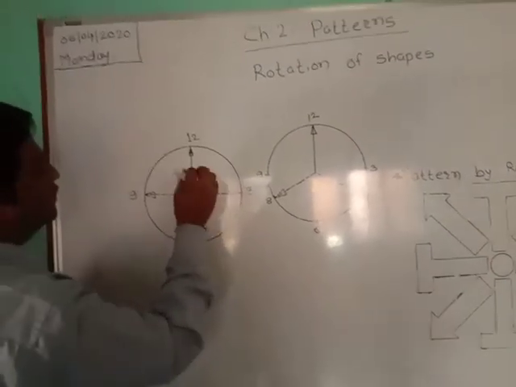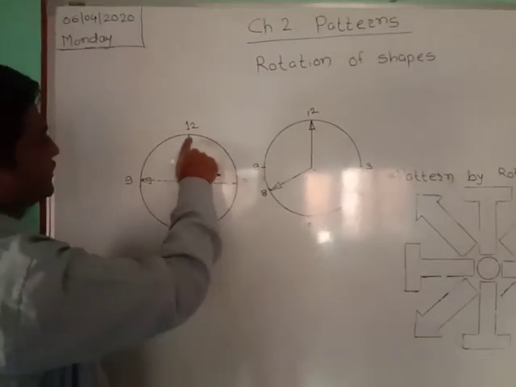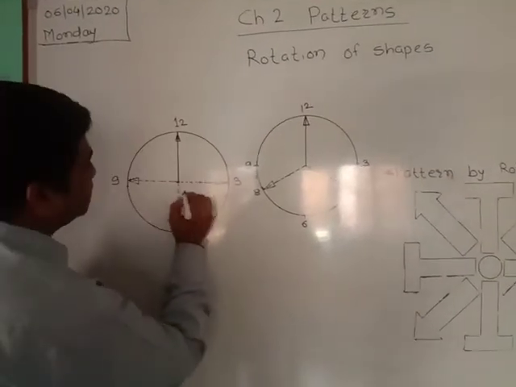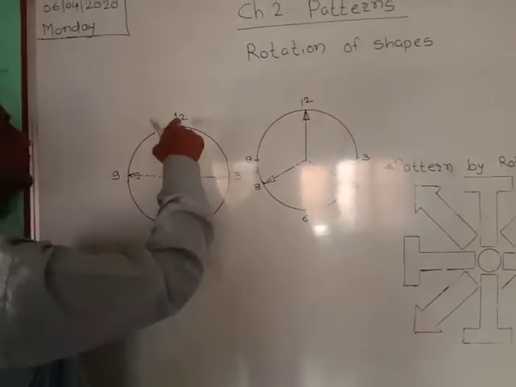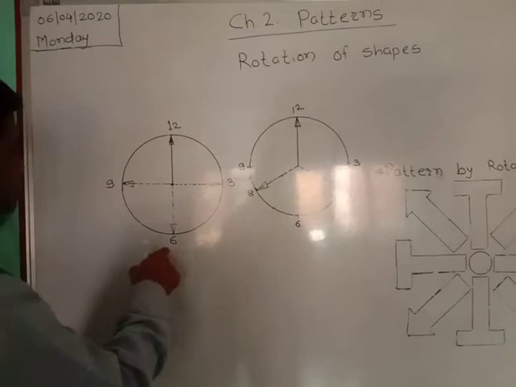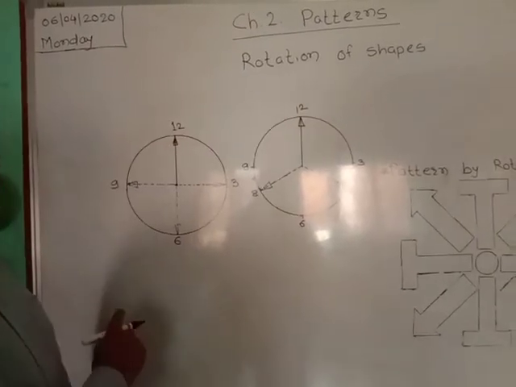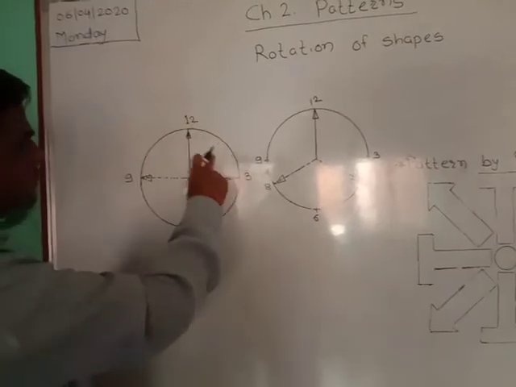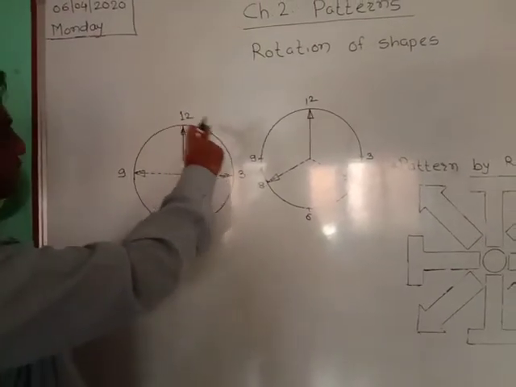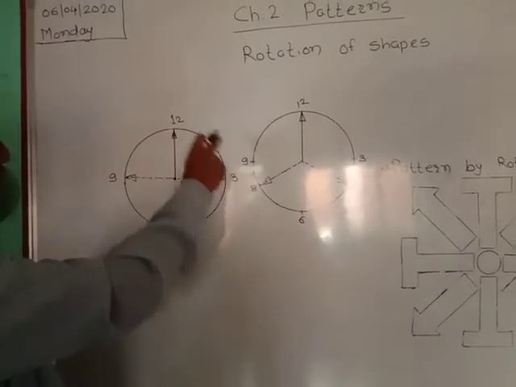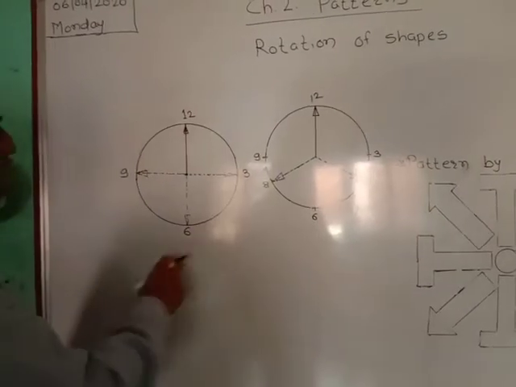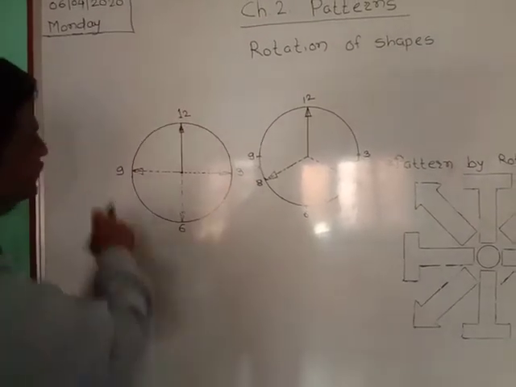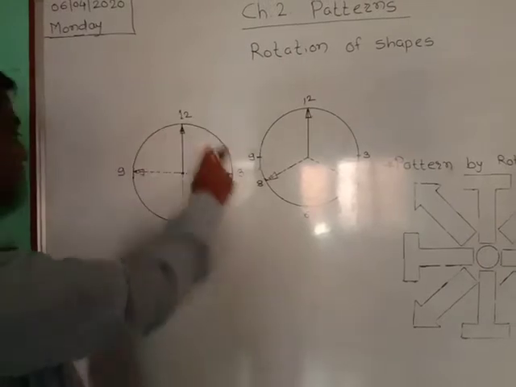The hand of the clock is turning around the center of the dial from 12 to 3, 3 to 6, 6 to 9, and 9 back to 12. This rotation of the hand, in the direction in which the hand of a clock moves, is known as a clockwise rotation.